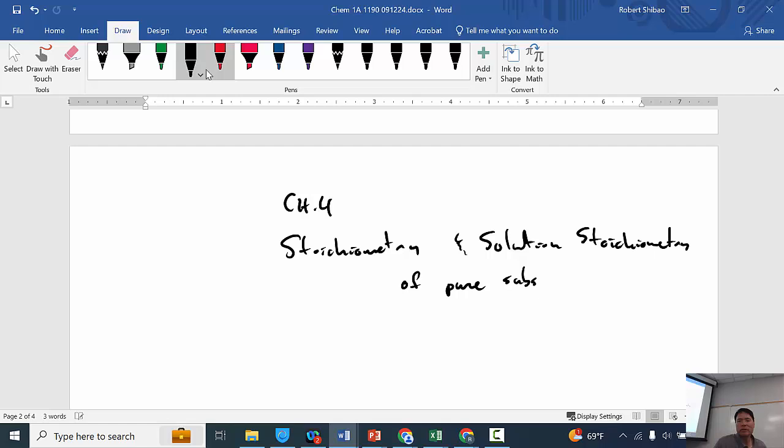We do this of pure substances. Sometimes we don't have to use the word pure. And mixtures. When we deal with mixtures, how do we deal with the composition of mixtures? The most common way we deal with the composition of mixtures is by percent by mass or percent by mole.